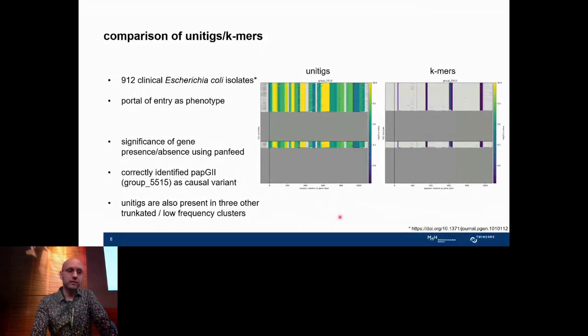Something that is also mentionable is that unitigs from this group 5515 or PUBG2 have also been found by us in 3 other gene clusters, which were truncated or low frequency, and therefore likely false positives.